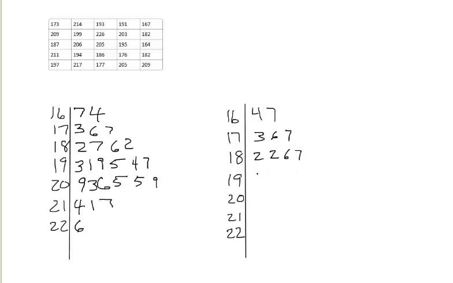In the 190s, I have a 1, and then a 3, and a 4, and a 5, and a 7, and a 9. In the 200s, it looks like 3 is my first value, and then 2 5s, a 6, and 2 9s.